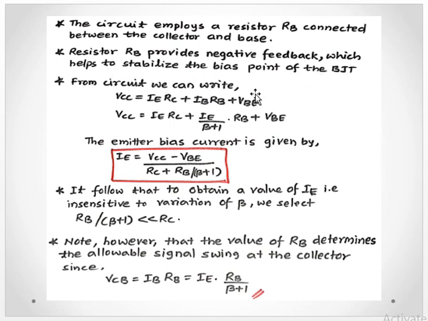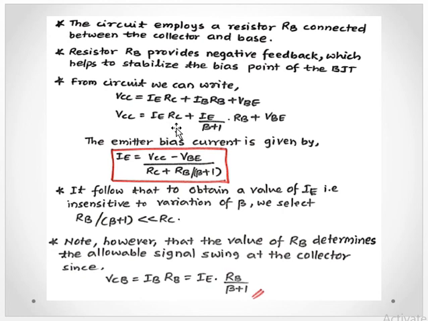From the circuit we can write VCC minus IERC minus IBRB minus VBE equal to 0, or VCC equal to IERC plus IBRB plus VBE.